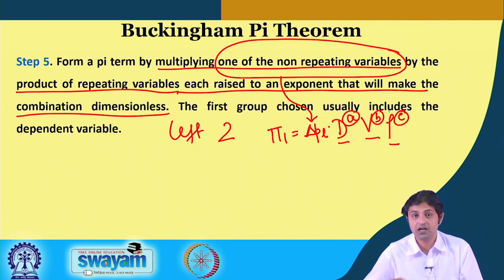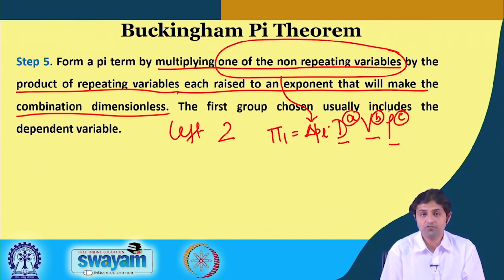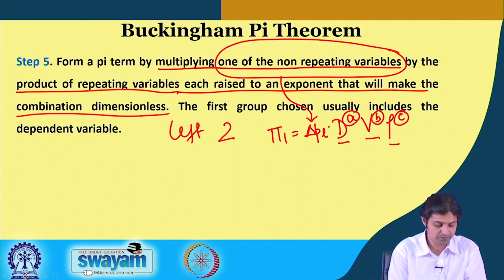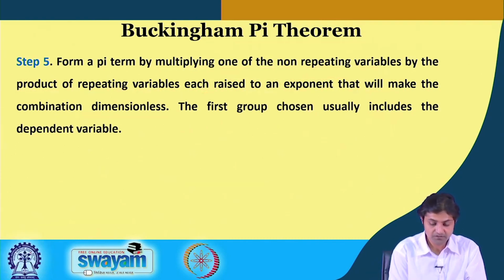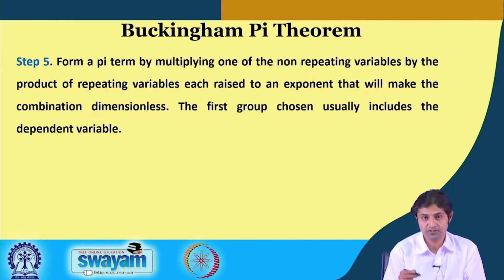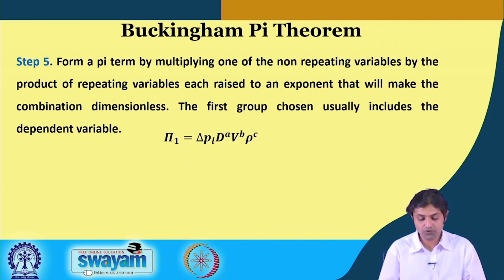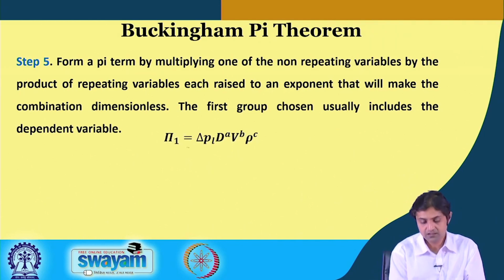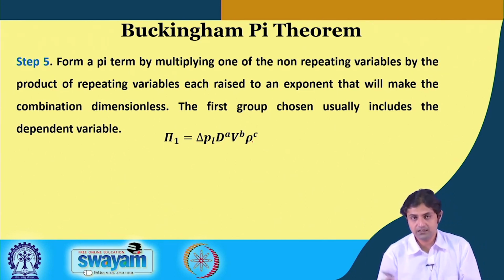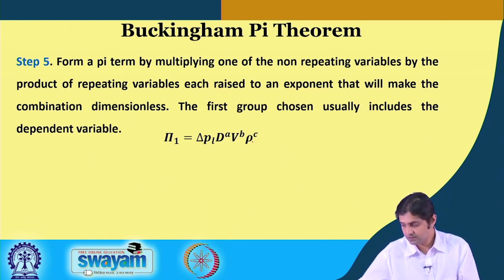This is how we form one pi term. Similarly, we can form the second pi term as well. Here we multiplied only 1; for the second pi term you multiply the other one left. So pi 1 is delta PL, d to the power a, v to the power b, rho to the power c. All right.